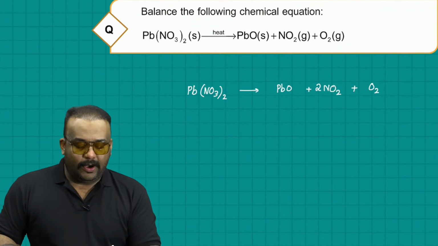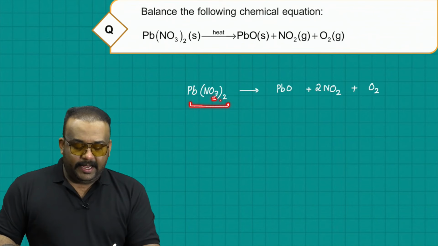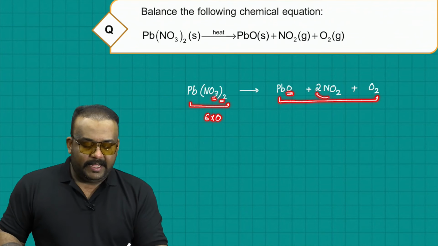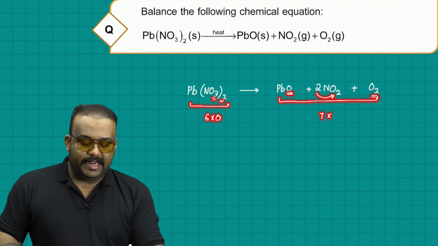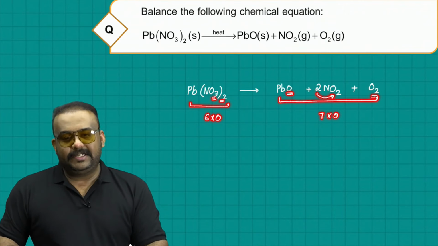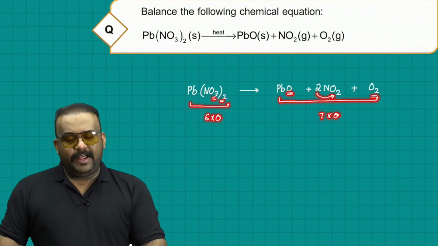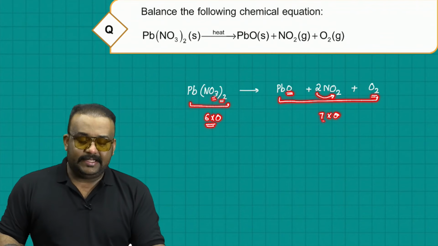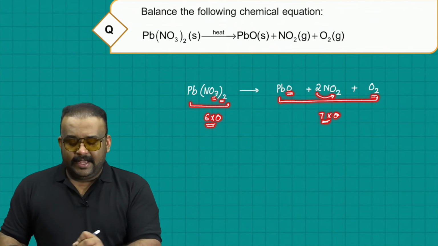Now let's count oxygen, because that's the only atom which is not balanced now. We have 3 times 2, 6 oxygen atoms here. And on this side I have 1 plus 4, which is 5, plus 2, 7 oxygen atoms. So the number of oxygen atoms is the only one which is not balanced. The number of oxygen on this side is 6 and this side is 7, so the right side has 1 excess oxygen.